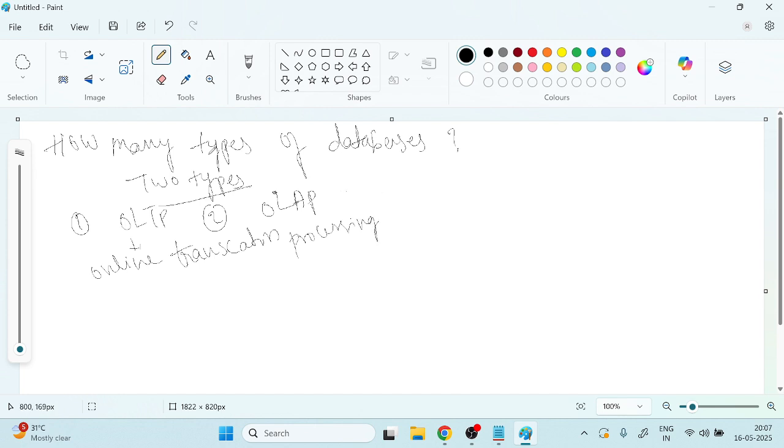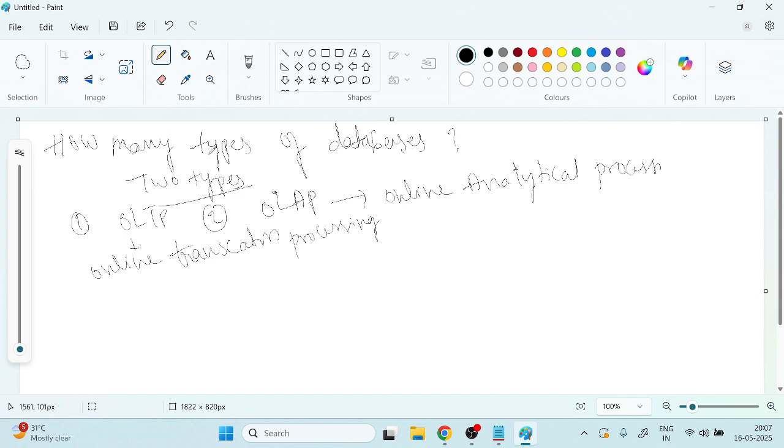Okay, and next, what we have: OLAP. OLAP means online analytical processing.